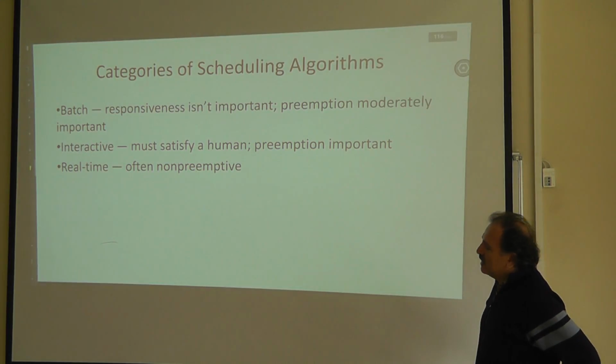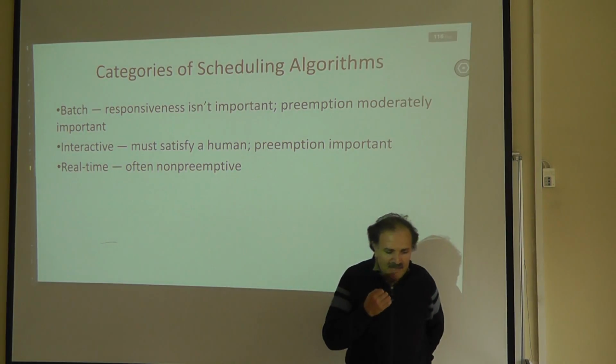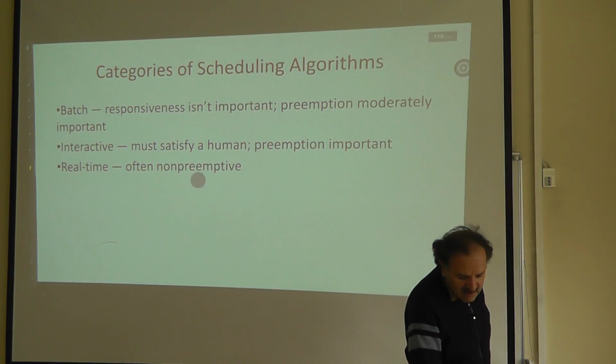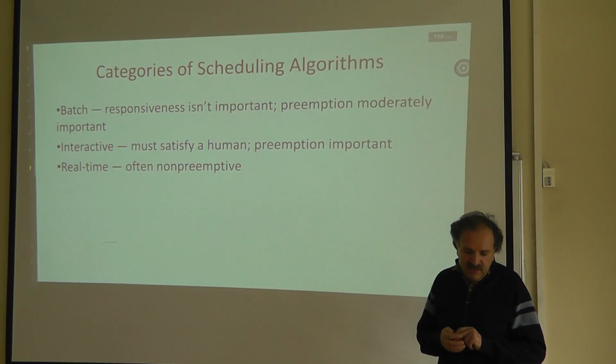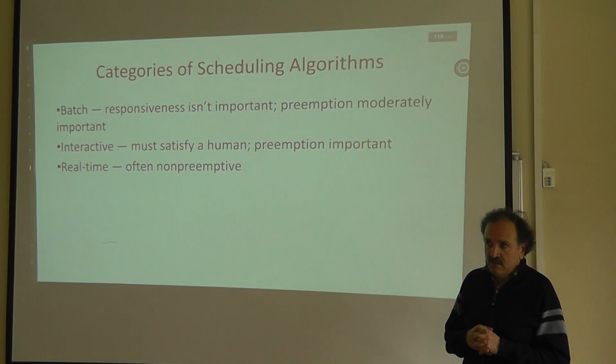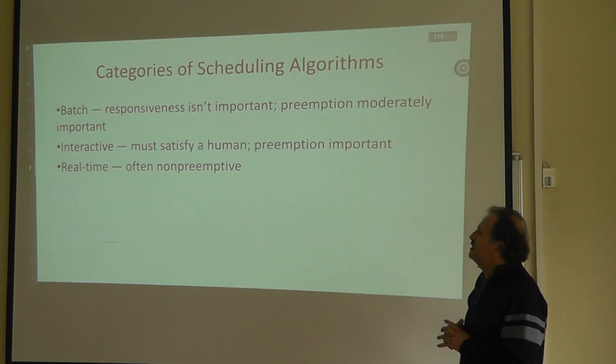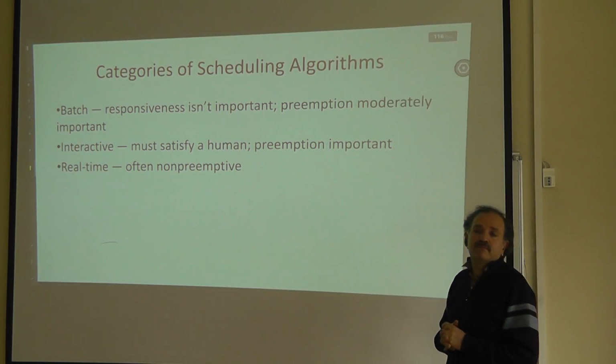So, in real-time operating systems, time is so important. But it says that they are non-preemptive. Interaction is very important in the entertainment system case or the cell phone case, but it says that real-time systems are often non-preemptive.